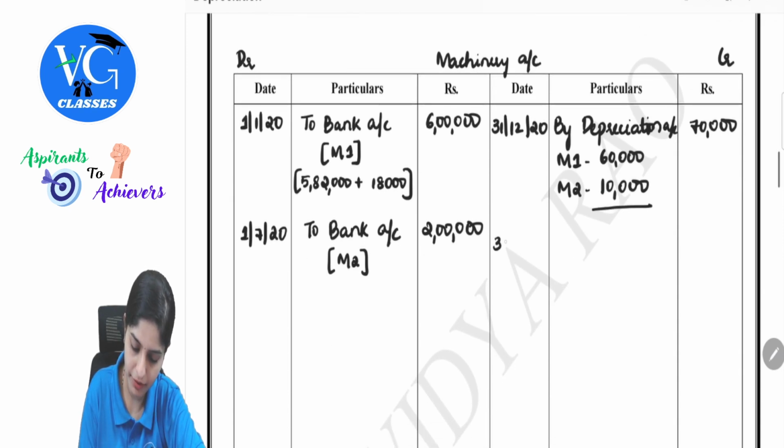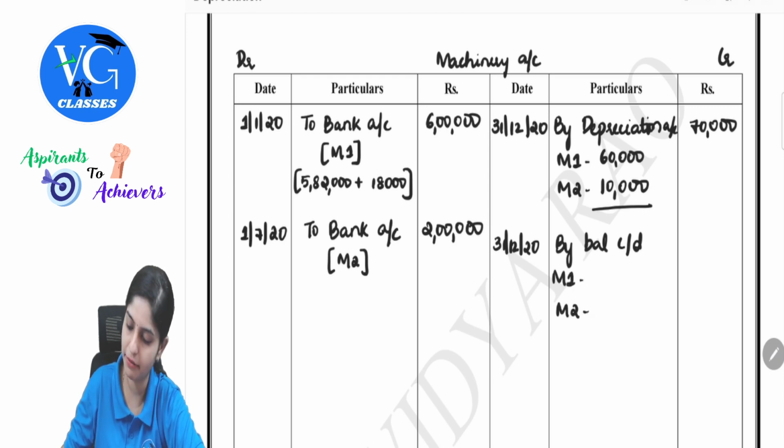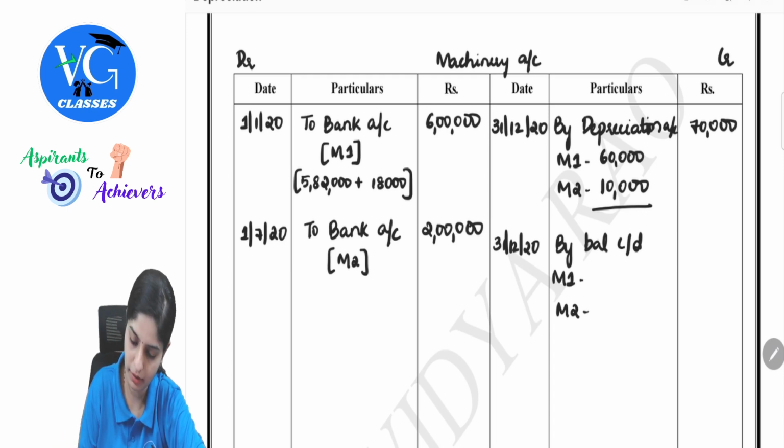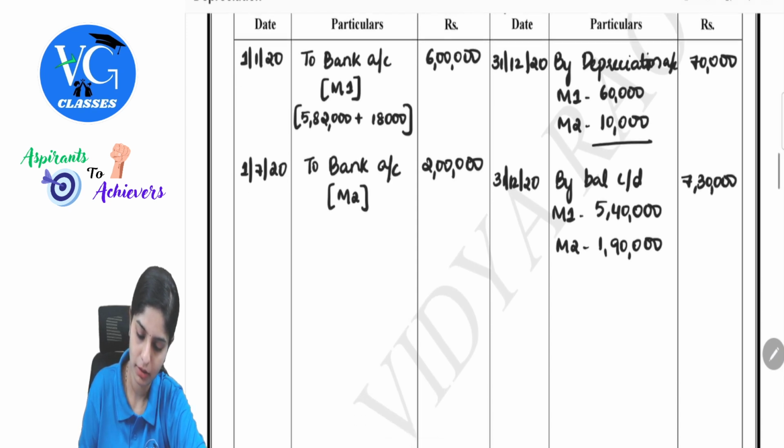After providing, we will be left out with balances by balance carried down. Machinery 1, machinery 2. Machinery 1, 6 lakh minus 60,000, 5 lakh 40,000. 2 lakh minus 10,000, that is 1 lakh 90,000. 7 lakh 30,000.